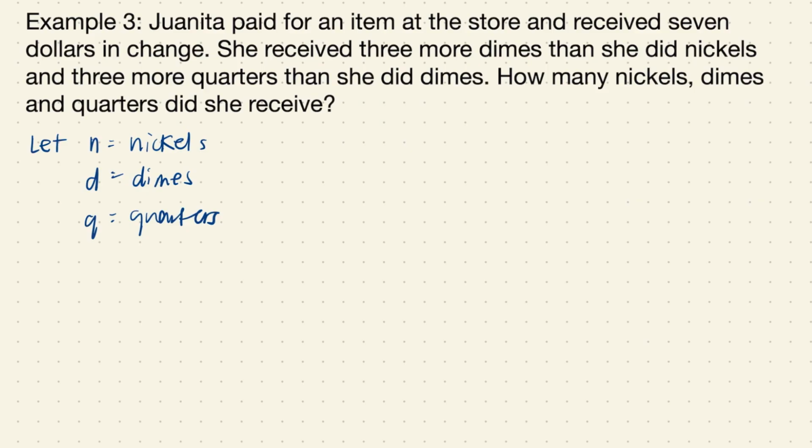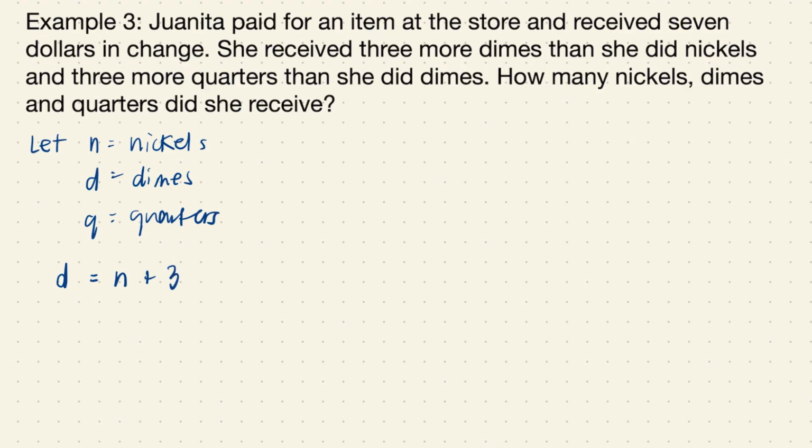So to write that down, we can put in dimes. It says here three more dimes than she did nickels. So dimes is more than nickels, so nickels plus three.